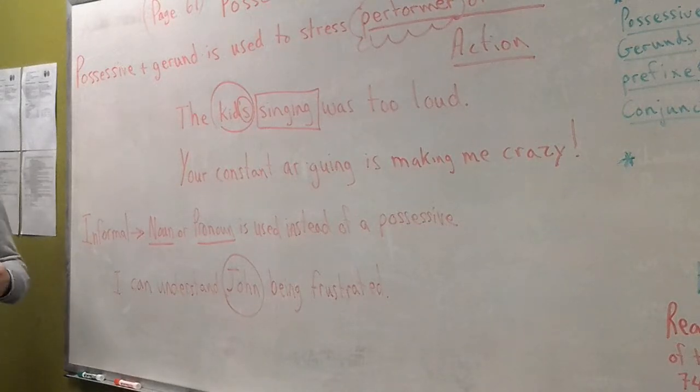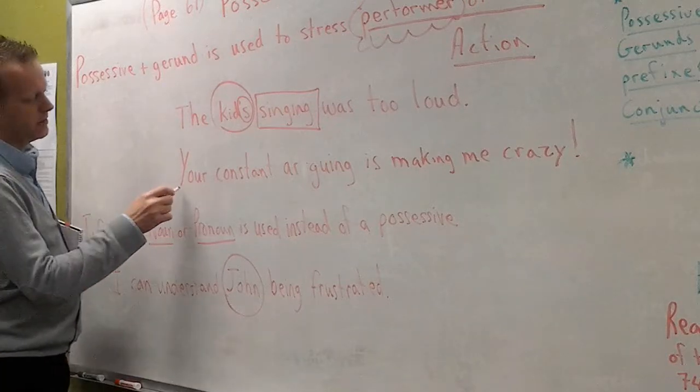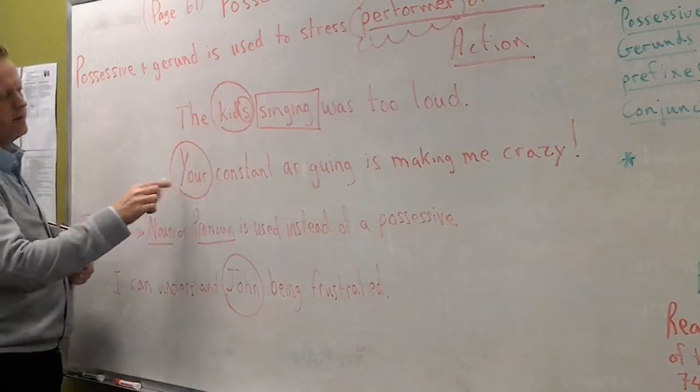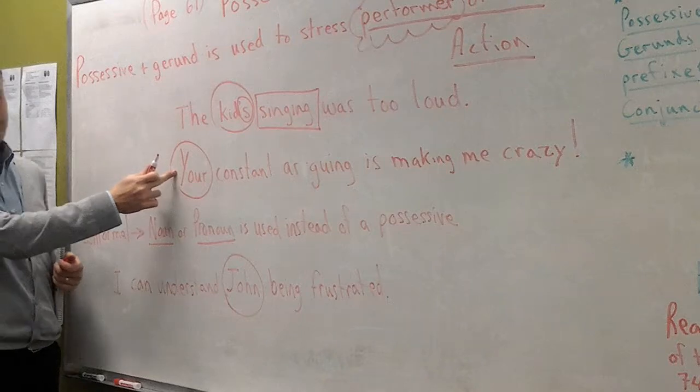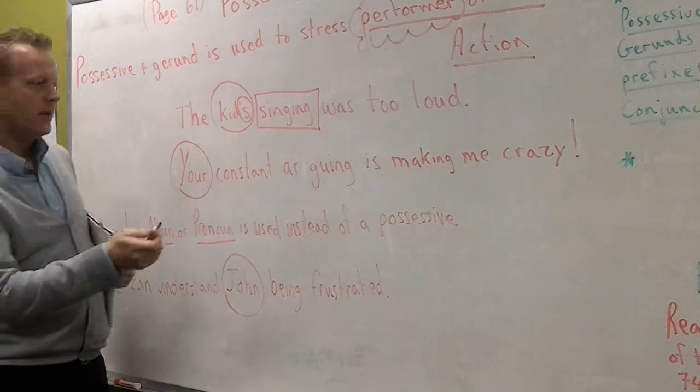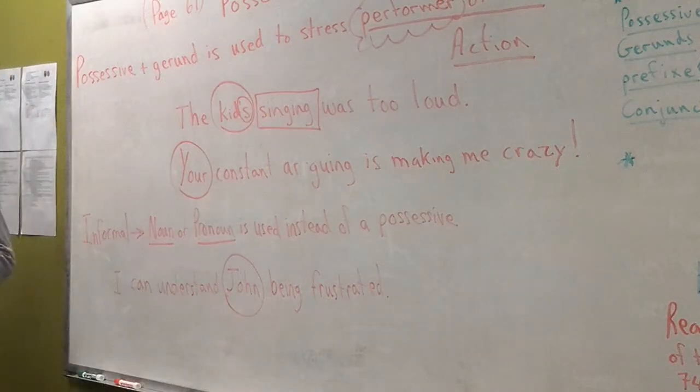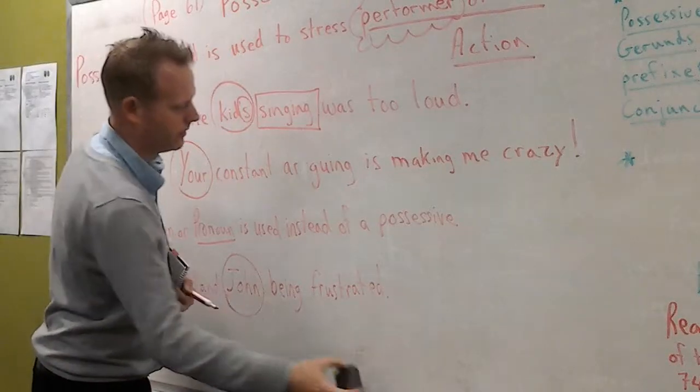Good. So your possessive is actually a pronoun in this situation, right? A possessive pronoun. And then where's the gerund? Arguing. Yeah, listen, I made it a little weird there.